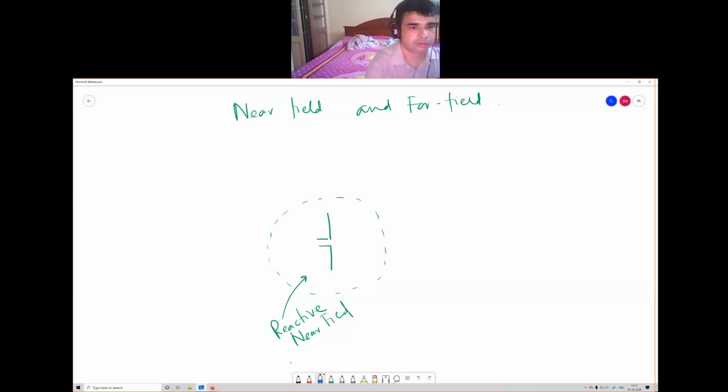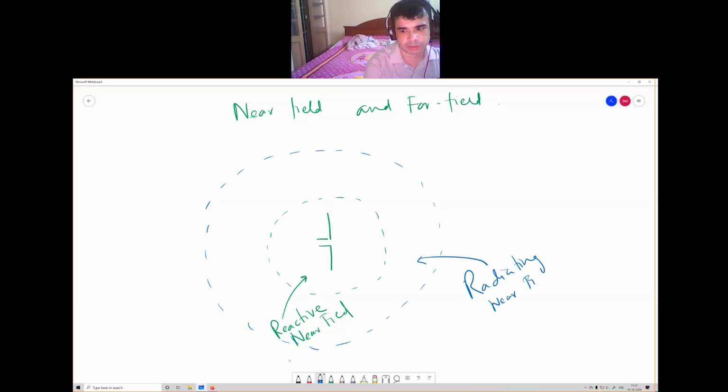Then the area around this is called the radiating near field. And everything else in the universe is called the radiating far field.